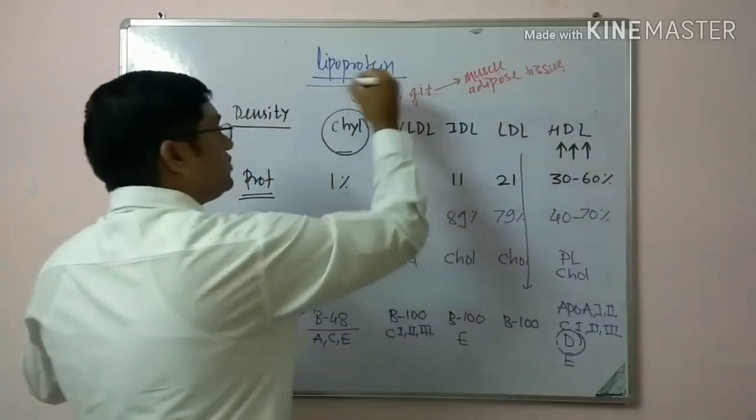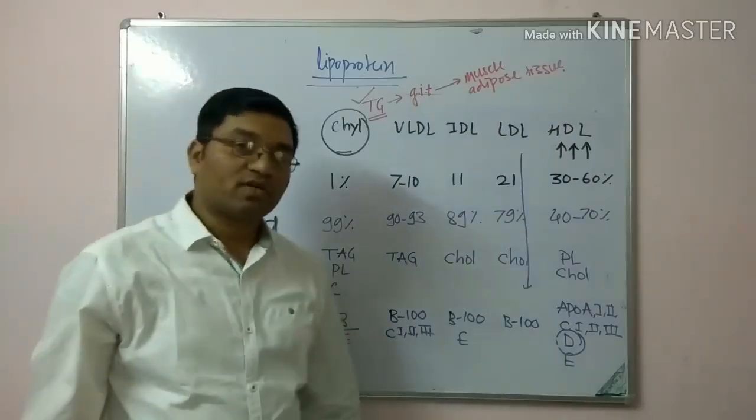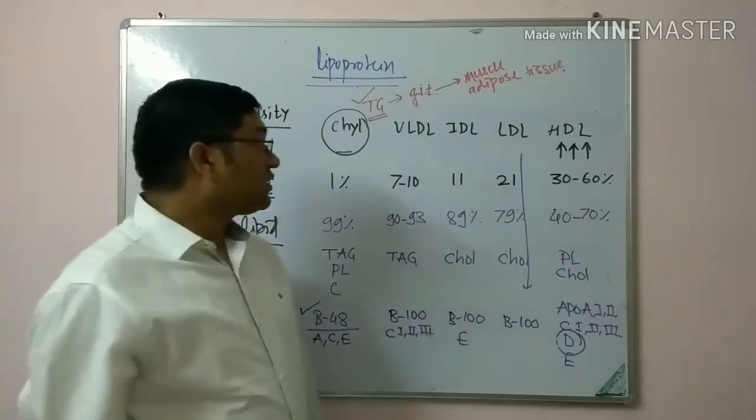So this is an MCQ: chylomicron is responsible for transport of exogenous triacylglycerol.